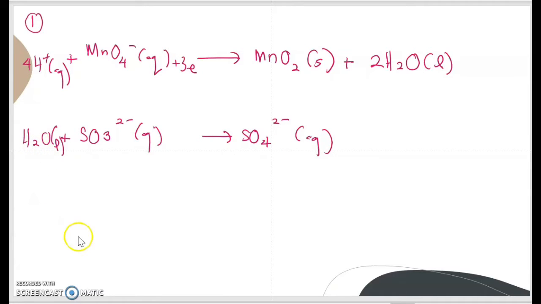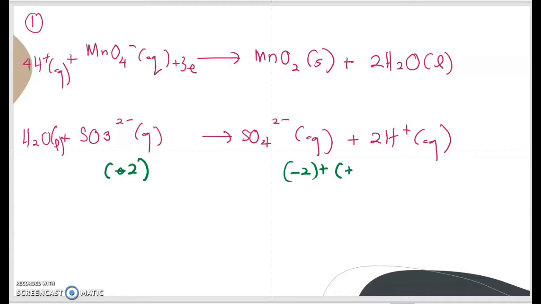Oh, now we have extra H plus. We have another 2H plus here. If we look at the charge, this is 0, this is negative 2, this is negative 2 plus 0 becomes 0. So I will explain this. The charge is negative 2 here, and this one negative 2 plus positive 2 equals 0.